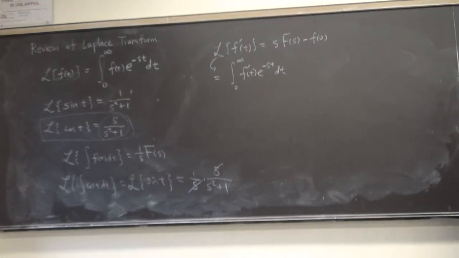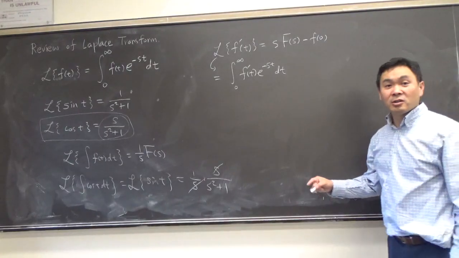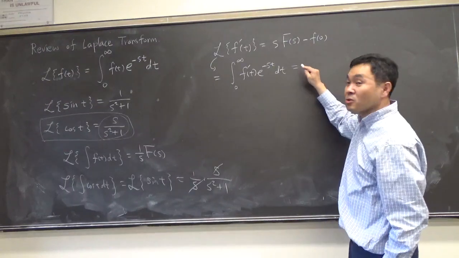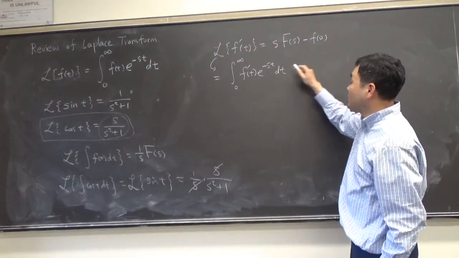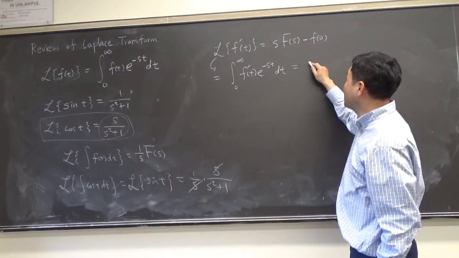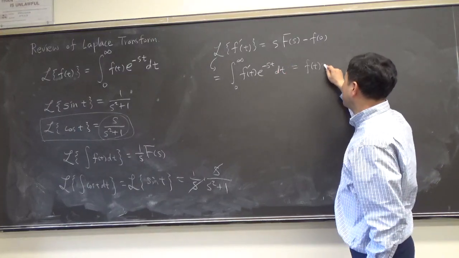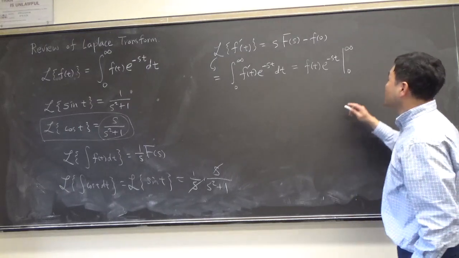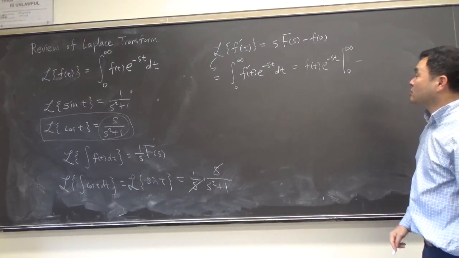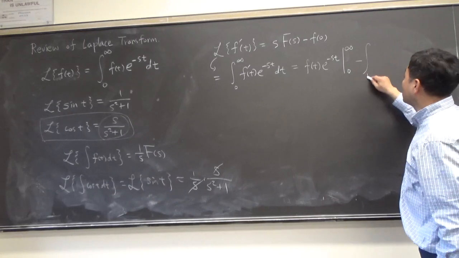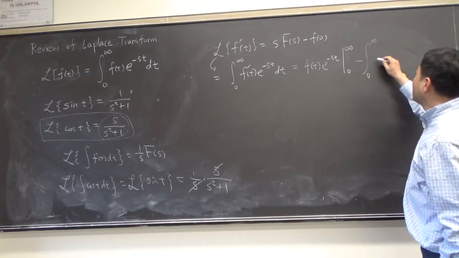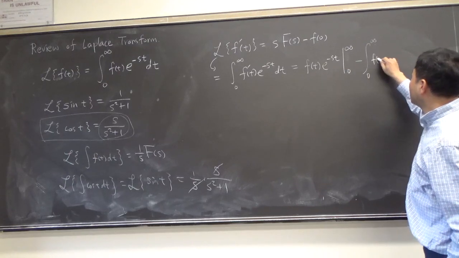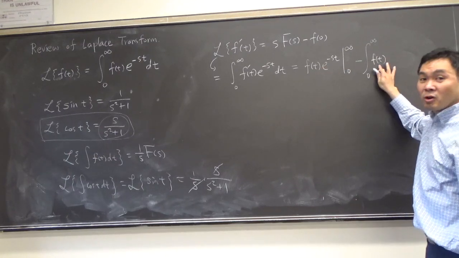And you just have to use integration by parts, which is you integrate f prime, which gives you f. And then minus 0 to infinity of the thing that you integrated goes into the integral unchanged.